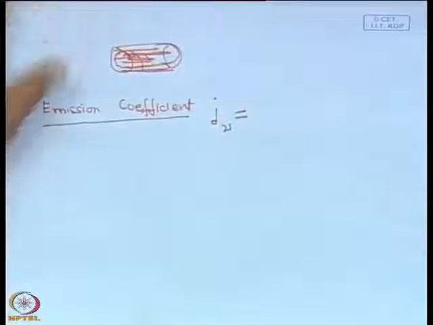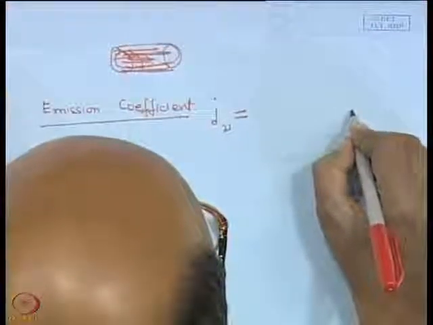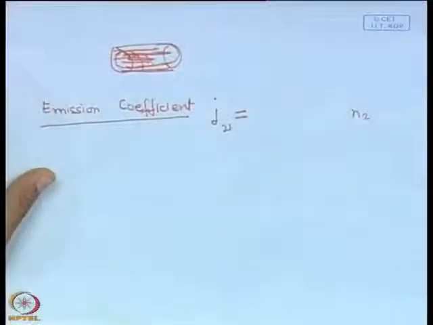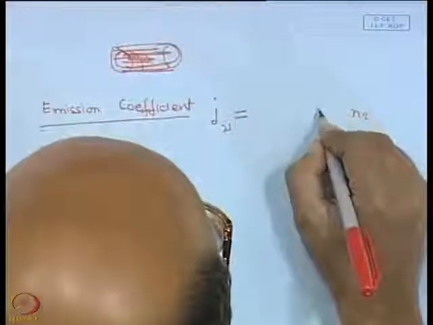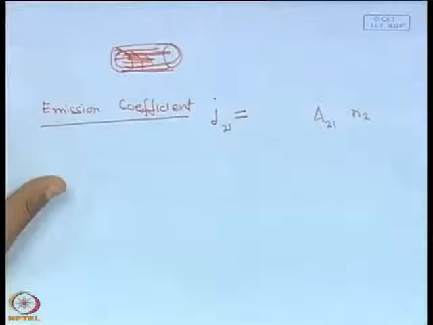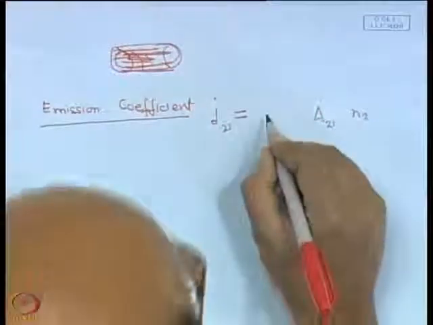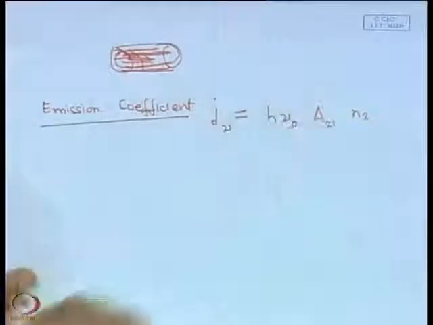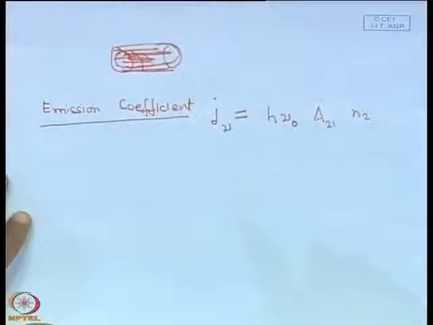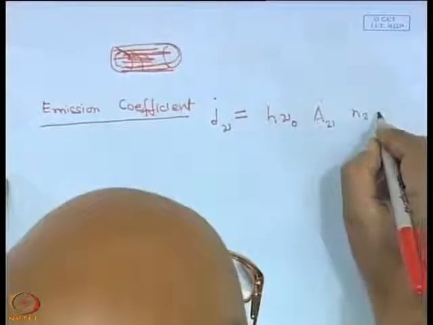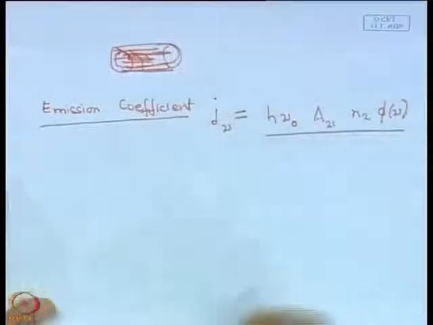And we saw that if you have a number density N2, then the rate at which the spontaneous emission occurs is N2 into A21, and the energy carried in each emission is h nu naught, and this energy gets distributed over different frequencies as phi nu, and it gets distributed uniformly over solid angle 4 pi.